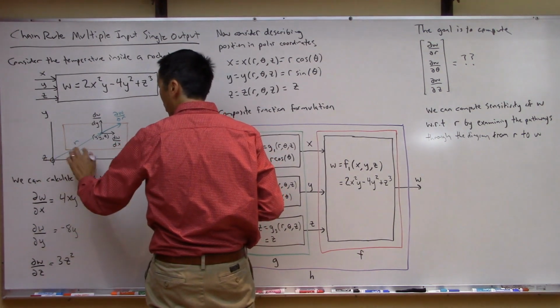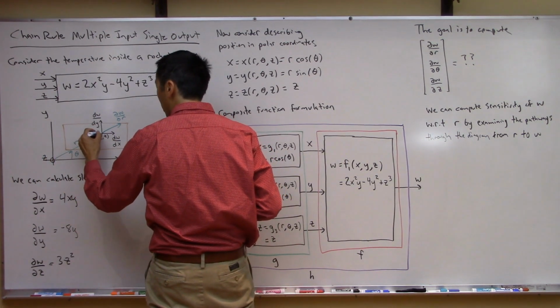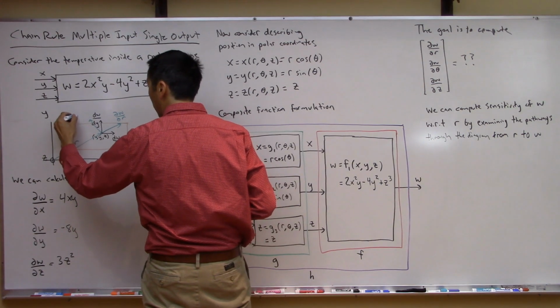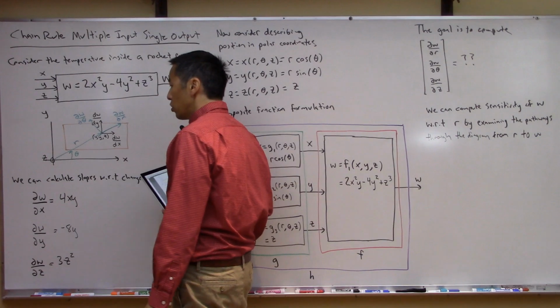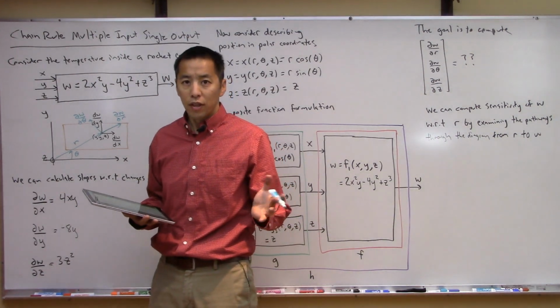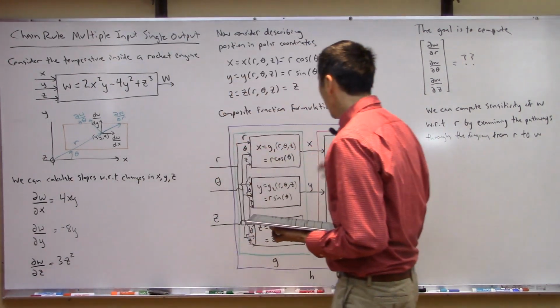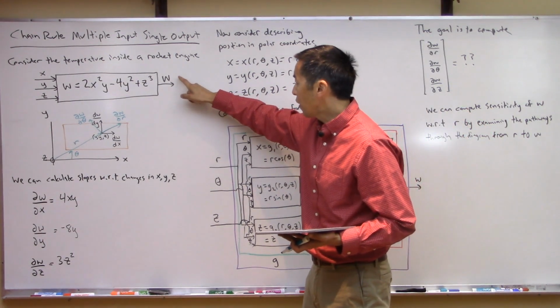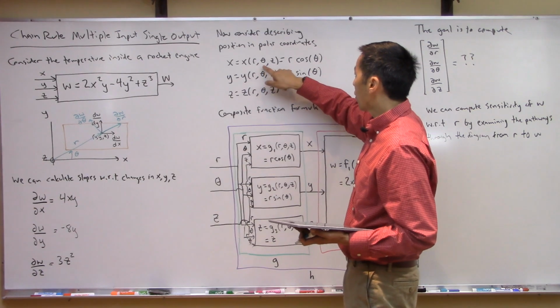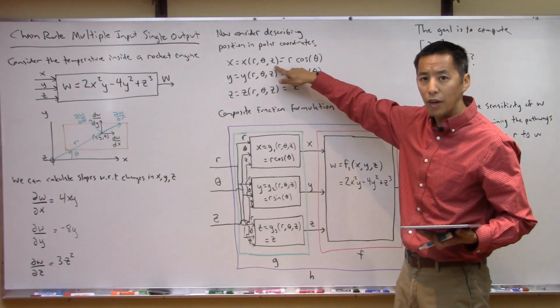And as I change theta at some radius, you kind of get this direction. This is partial w, partial theta, right? So all I'm doing is a change of coordinates. But what you can see now is that the temperature is a function of r, theta, and z, right?